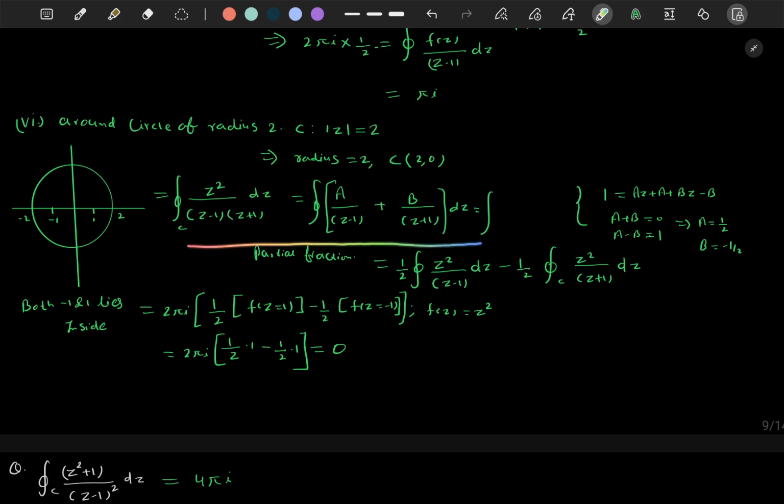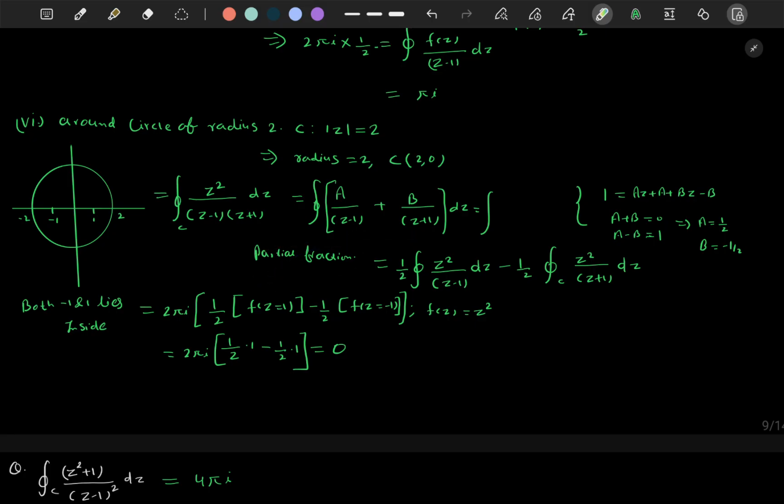Solve it. Z square upon (z minus 1)(z plus 1). We'll solve it. So we will use the partial fraction method.